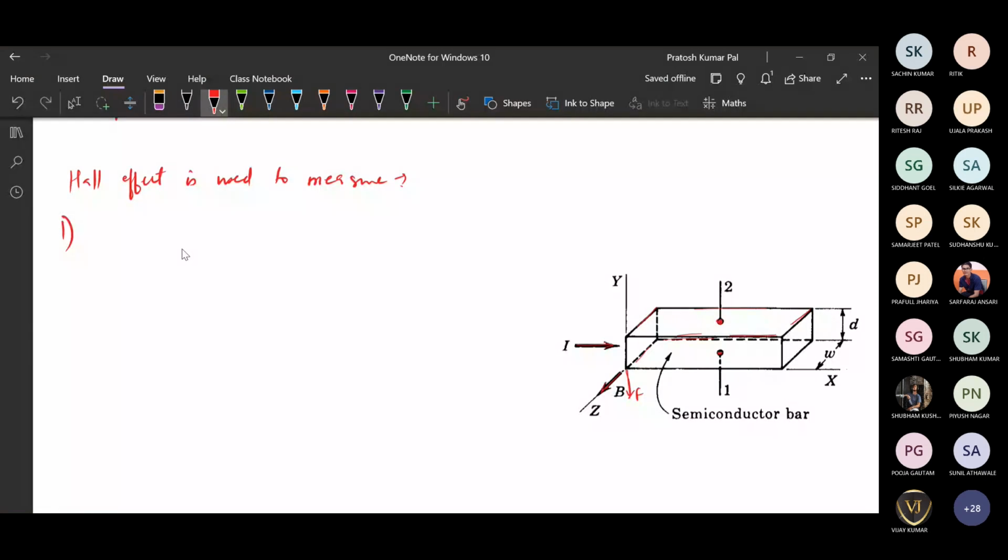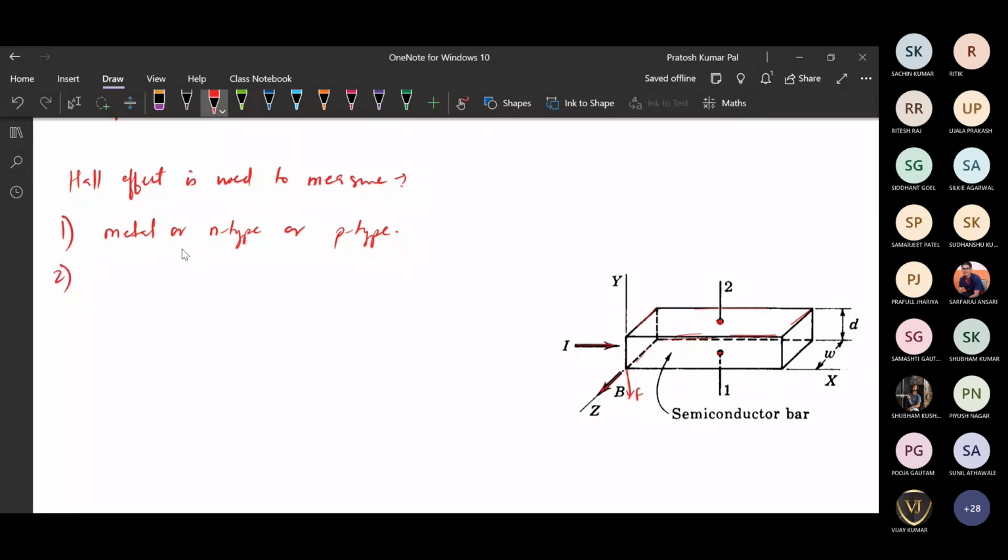First, we can measure whether this specimen is a metal, an N-type semiconductor, or a P-type semiconductor. Based on the experiment, whatever the Hall effect does with this specimen, we can determine whether it is a metal, N-type semiconductor, or P-type semiconductor.